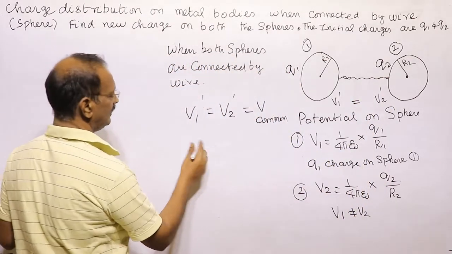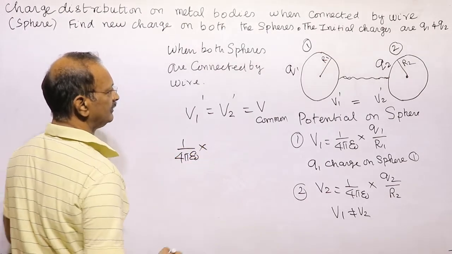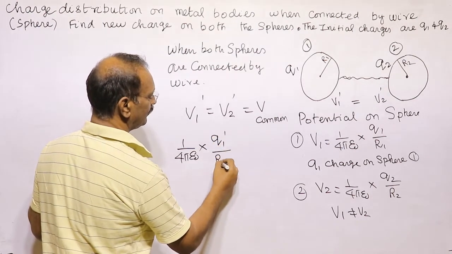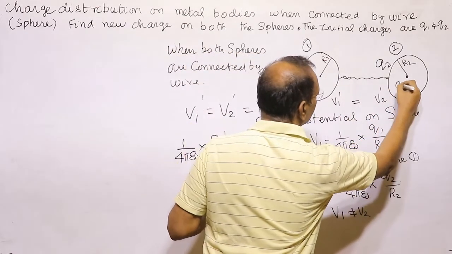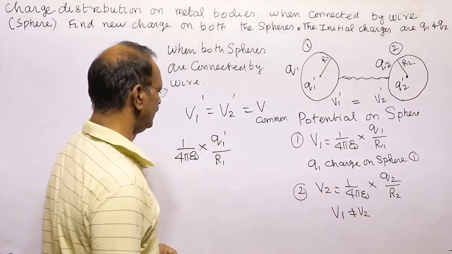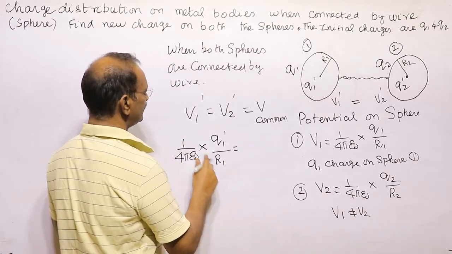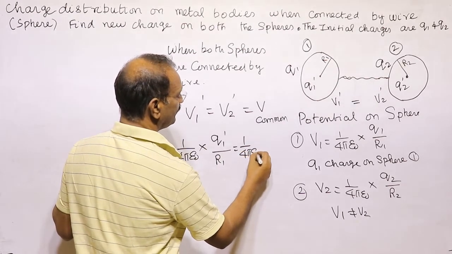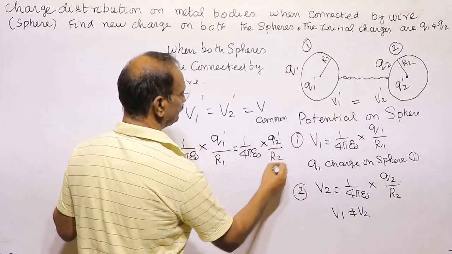So what is V1? It is 1 by 4 pi epsilon naught into charge, which is now Q1 dash, divided by R1, because after sharing, this will have a charge of Q1 dash and that will have a charge of Q2 dash after redistribution. R1 does not change; only the charge changes. Equal to 1 by 4 pi epsilon naught into Q2 dash divided by R2.